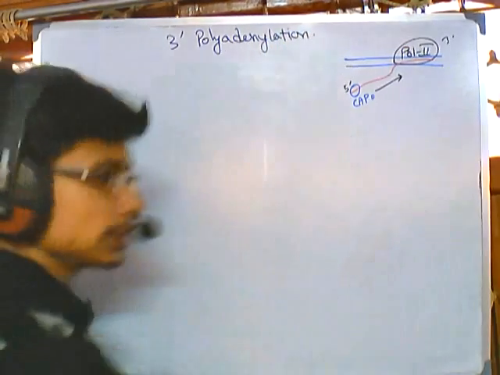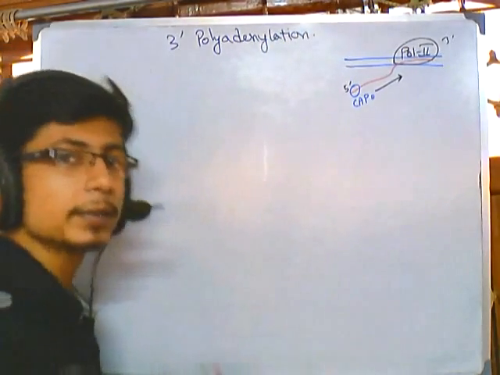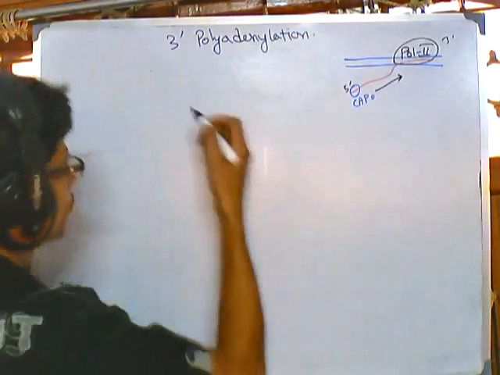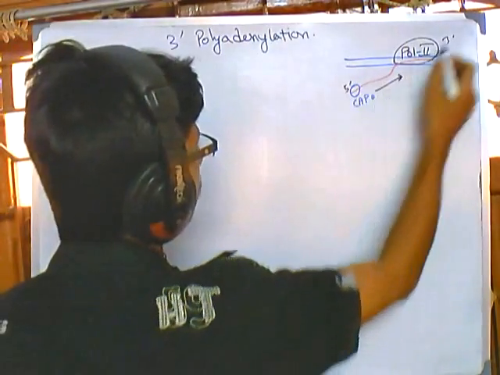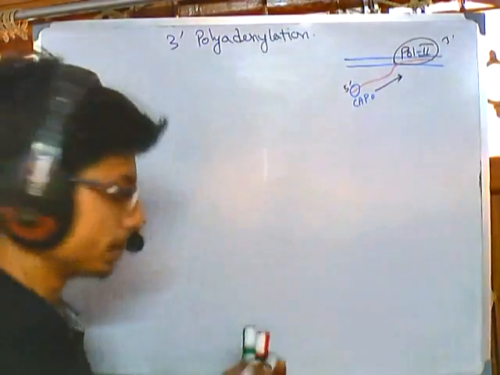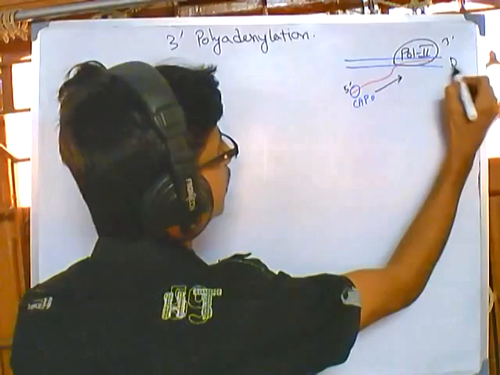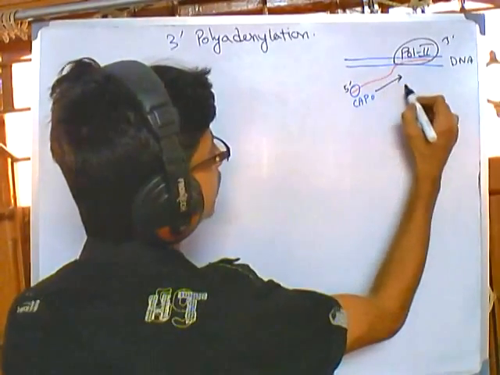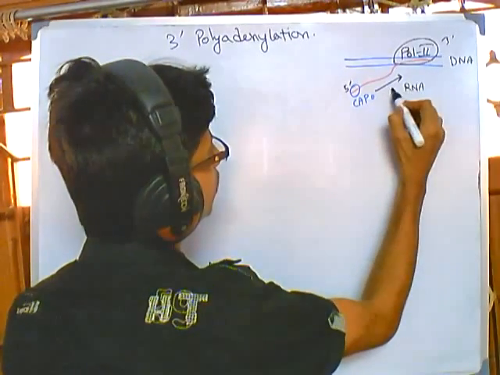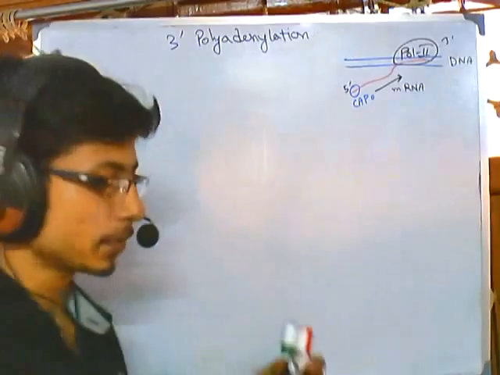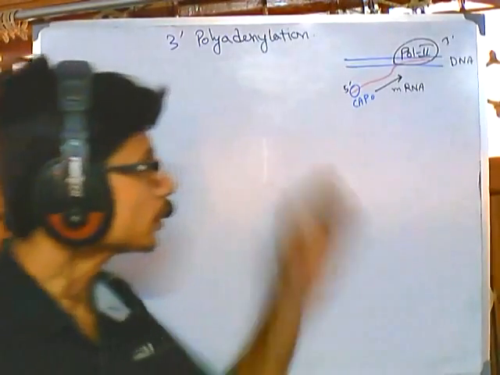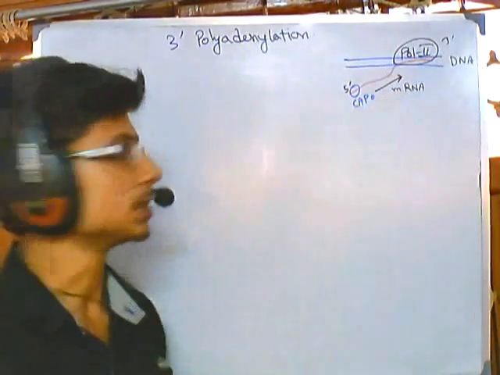As the name suggests, the mRNA which is produced must have two directions. One is 5 prime, another one is 3 prime. Remember, this is the DNA, and this red colored thing is the mRNA which is being produced from this DNA.